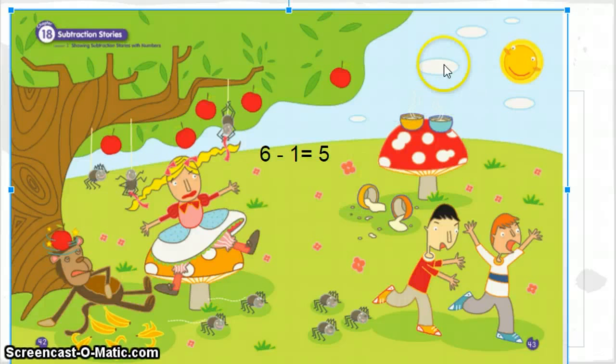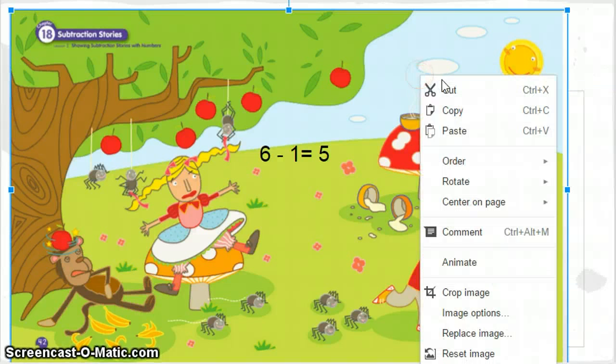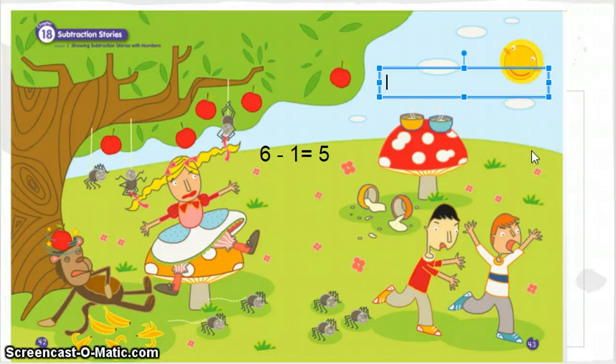We will focus over here. We have some bowls of porridge, some that are on the mushroom and some that are not. So again, we want to write a subtraction sentence by making a subtraction story that will match what we're looking at. So we need to remember that we start with that big number, right?